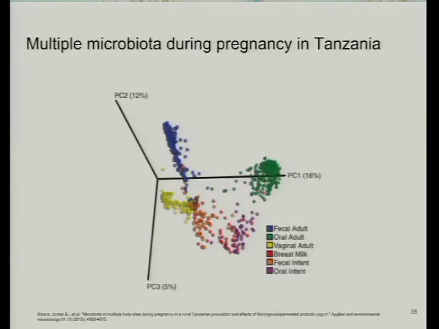This is a principal components analysis plot, which tries to separate differences and plot them in a 3D space, and you can visually see that each of these parts has a distinct area or signature. So along with the network methods, you might be able to incorporate multiple microbiotas to get a larger picture of how a certain disease state is affecting not only one ecosystem, but another as well.